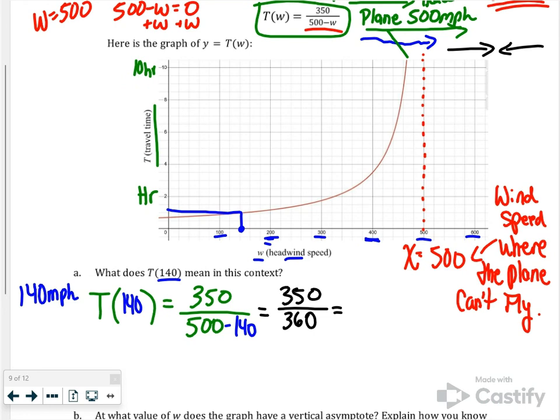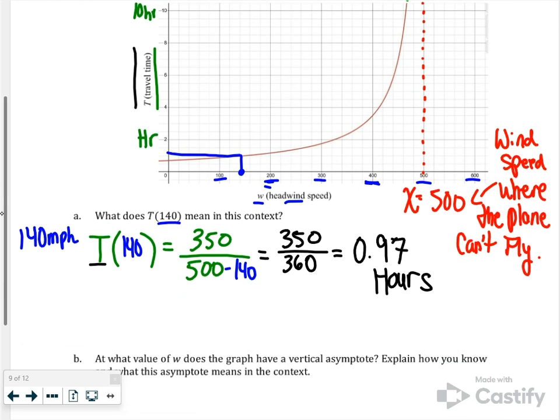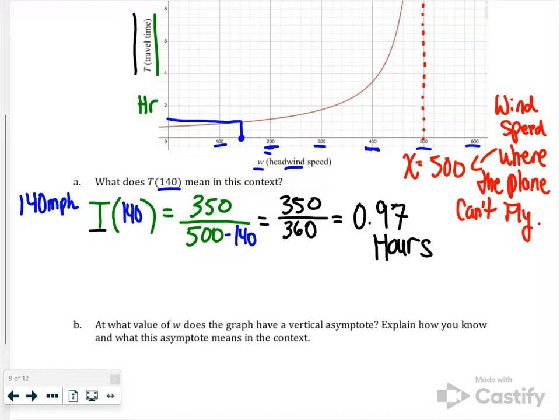So 350 divided by 360 would be 0.97, and that was T, so that was travel time, and we would expect 0.97 hours. Now, I believe that we would probably give you most of the credit for a 1, because if you go 140 on the x-axis, it hits roughly 1.